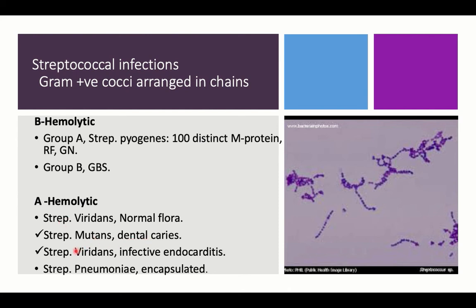Mutans can be seen in dental caries, and viridans can be seen in infective endocarditis as the most common implicated organism, especially in a diseased heart, maybe rheumatic heart. The other group of alpha hemolytic streptococci is Streptococcus pneumoniae, which is encapsulated, called the pneumococci.